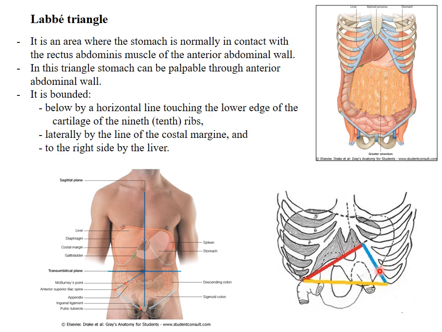Then the left margin is the left costal margin, and the right superior is the liver. This is the inferior margin of the liver. In that triangle, the stomach can be palpable through the anterior abdominal wall.